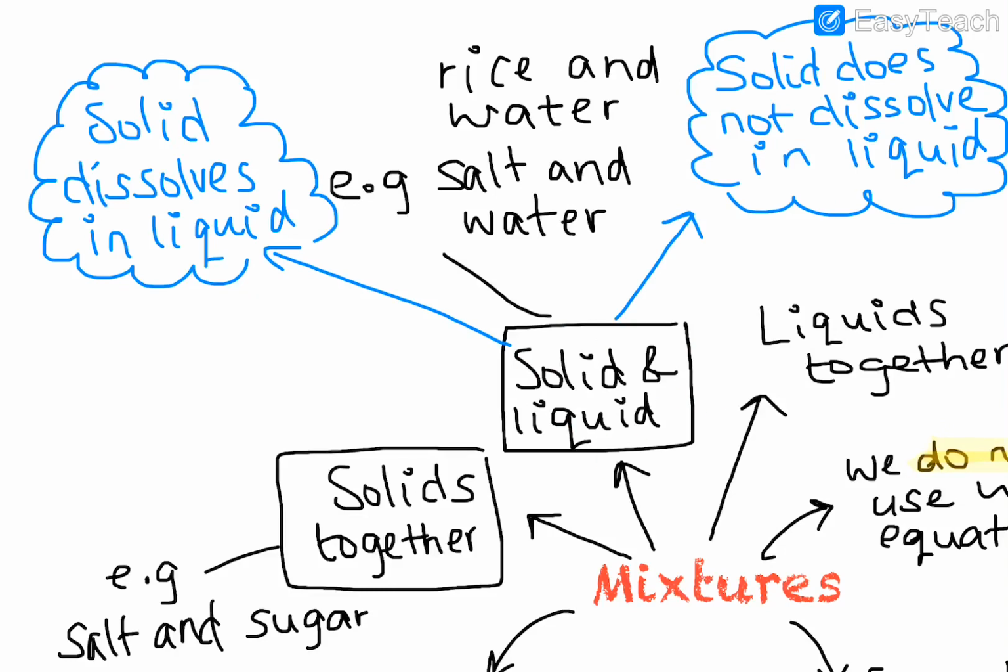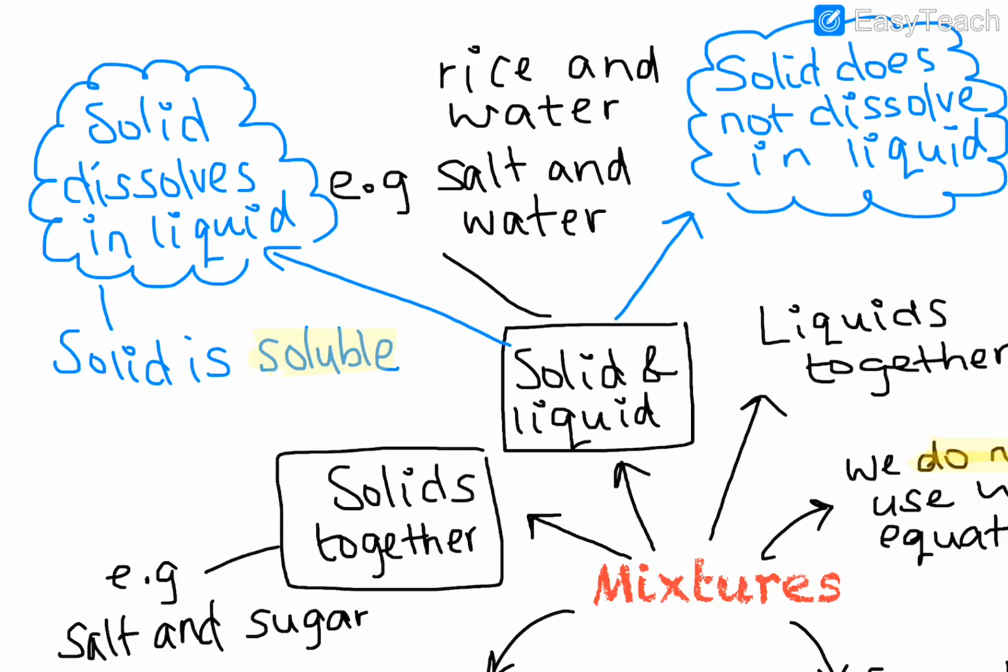Now, when the solid dissolves in the liquid, we say that the solid is soluble. This is a very important term: soluble. A soluble solid is a solid that dissolves in a liquid. When we're talking about liquid, it's not just water.